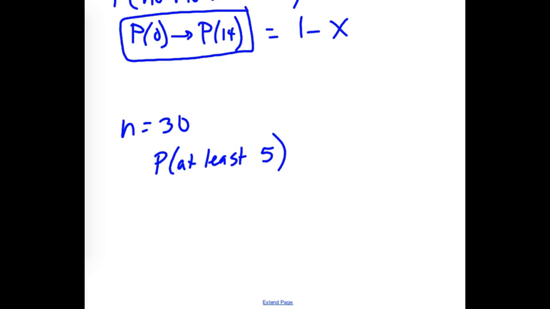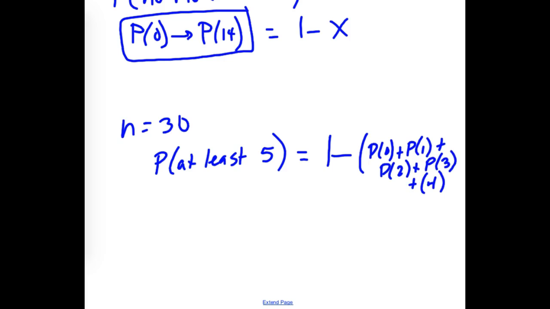That's a lot of them. It's going to be shorter to take 1 minus the couple that we don't want. So which ones do we not want? 0, 1, 2, 3, and 4. Here I'm calculating 5 up to 30, and I don't want to do that. Here I'm just calculating these couple and subtracting my answer from 1. Does that make sense?